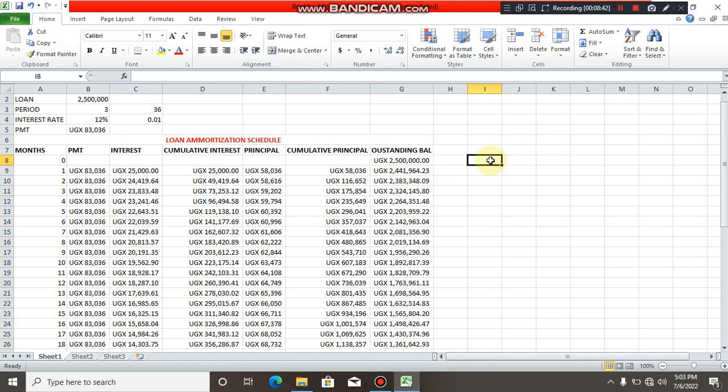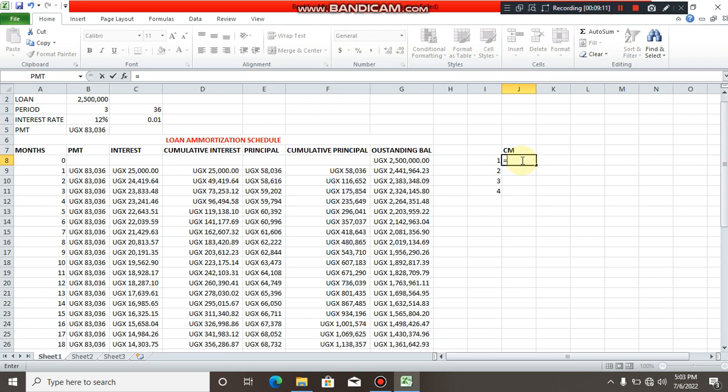Let me show you the meaning of cumulative. So you want to know, after this, after one, and you add on, which amount have you added?